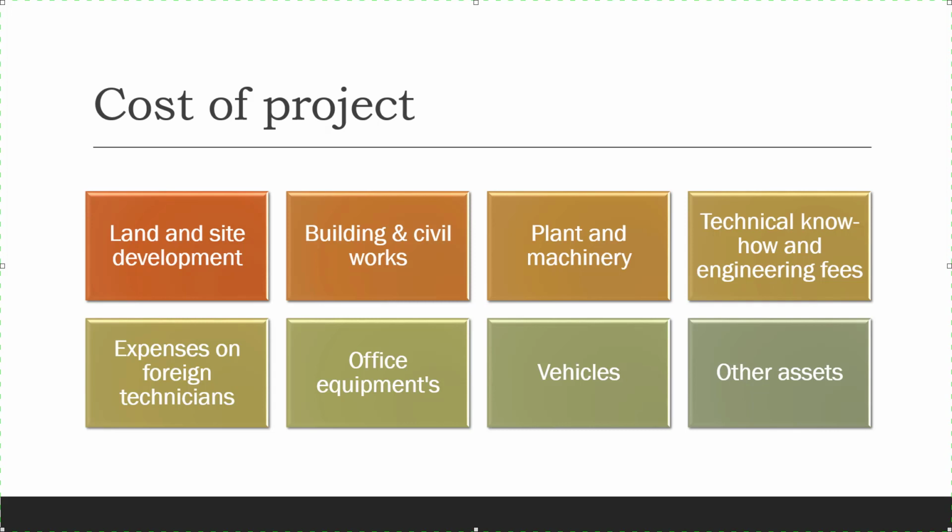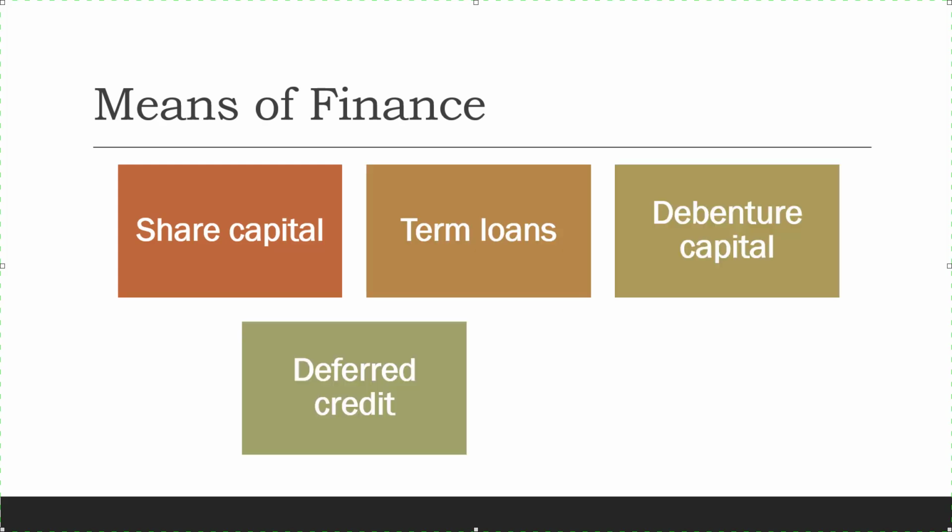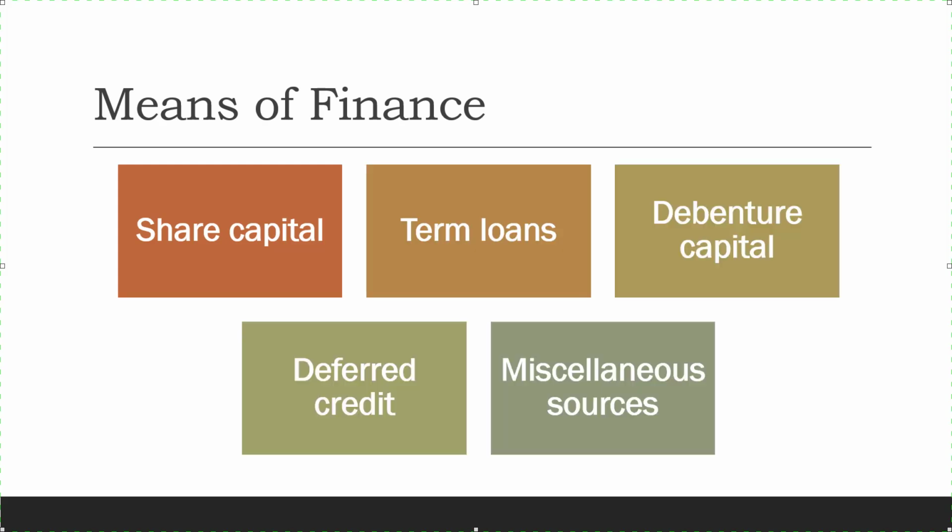Then office equipments, like laptops, computers, vehicles, you may need cars for your employees, or you may need some delivery vehicle, a van for sending your goods to the customers or to the various locations, and some other assets.